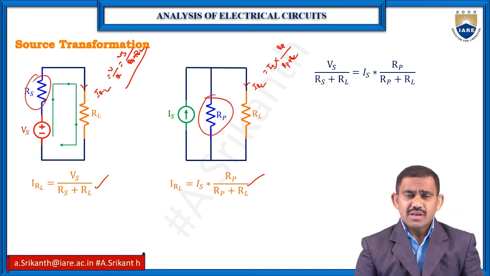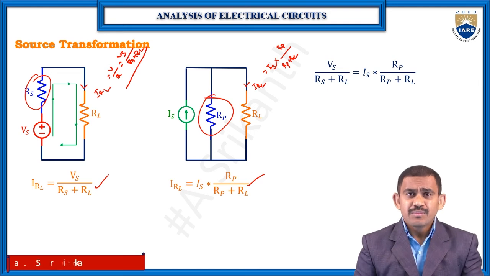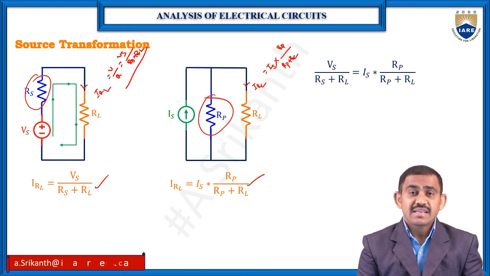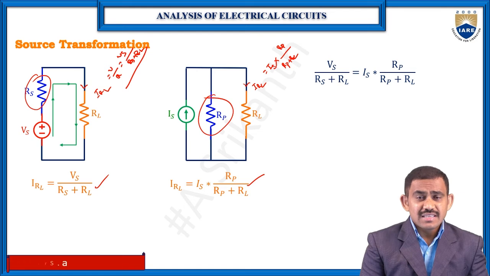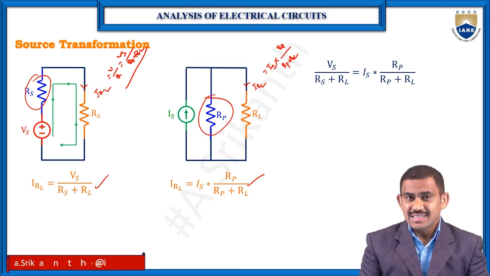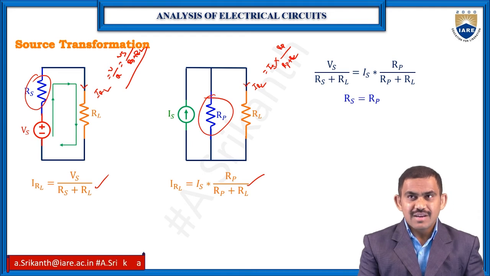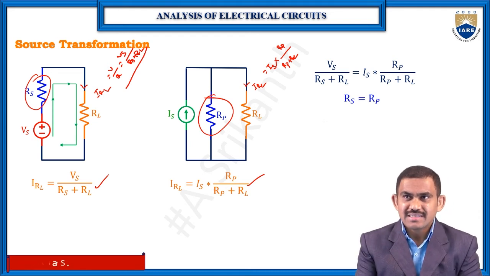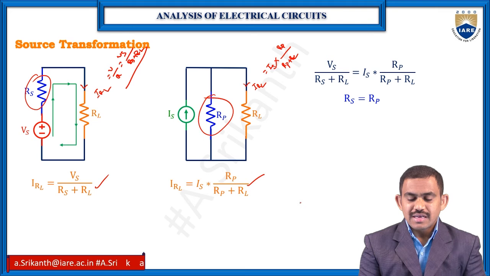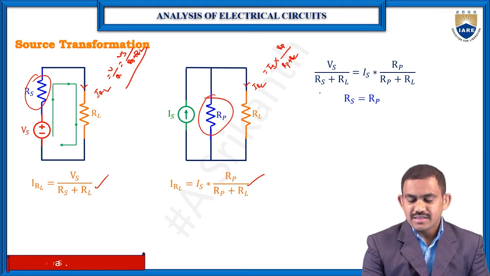I will take one condition: when both internal resistors, the voltage source internal resistor and the current source internal resistor, are equal. When Rs equals Rp, substitute Rs for Rp in this equation.